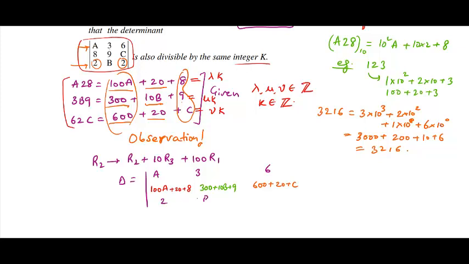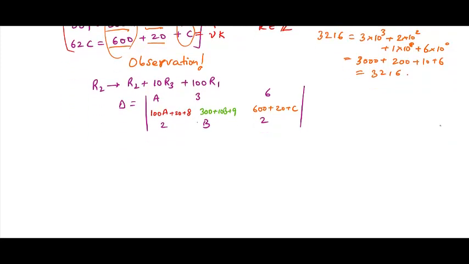So this is 2B2, and most probably we are done with the situation, because now this simply becomes A36. Now this particular number is nothing but A28. The next number, this one, is 3B9, and the third number becomes 62C, the remaining elements being same.